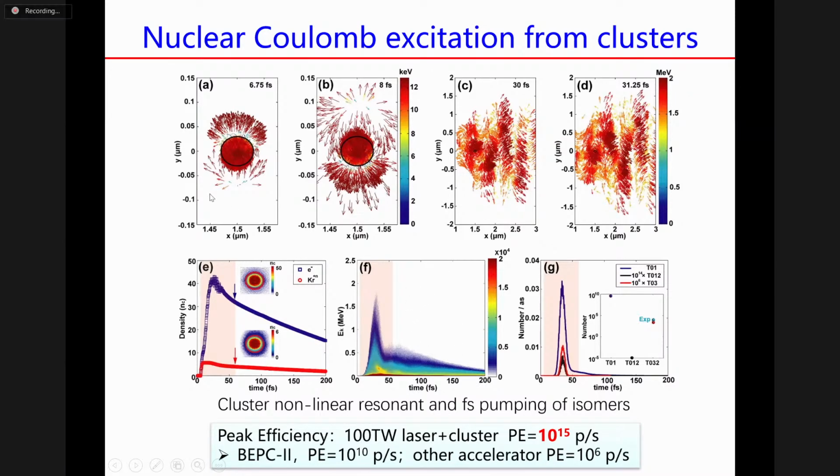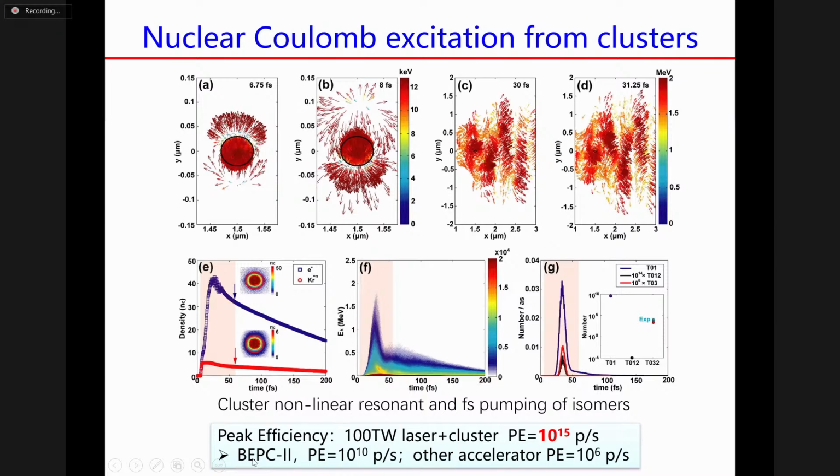I mean, the electrons will be heated by the laser and travel along the clusters. So these electrons at first absorb the energy, and then collide with the krypton-83 isomer and excite it.